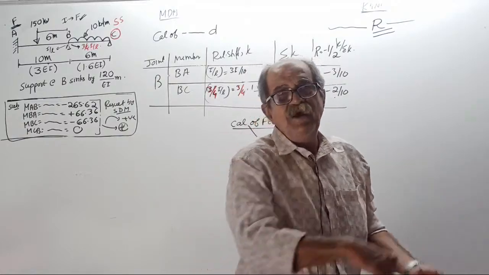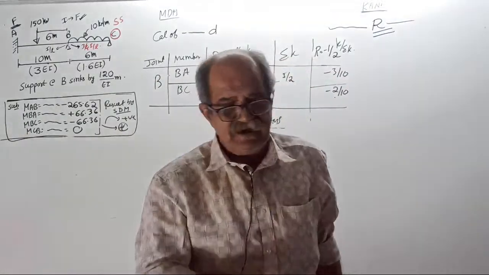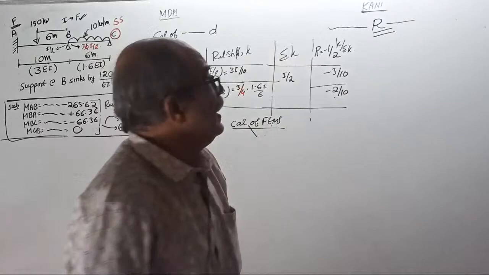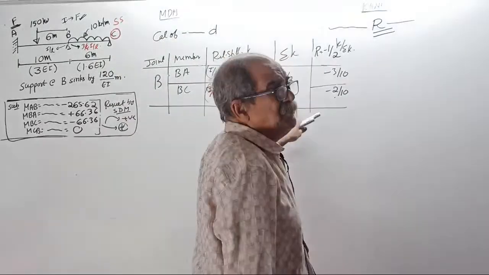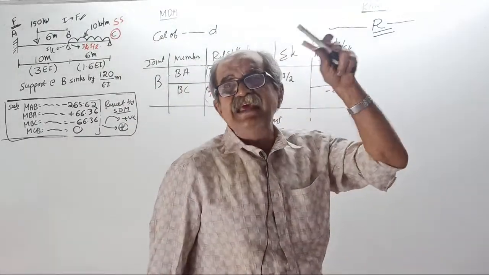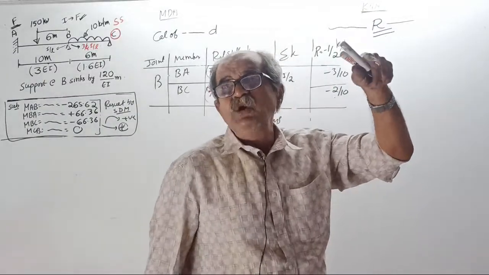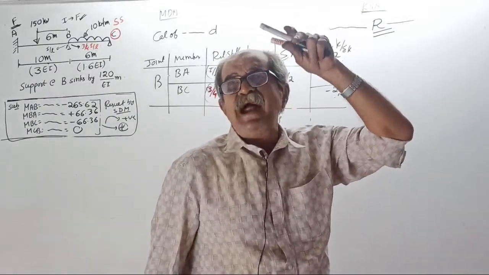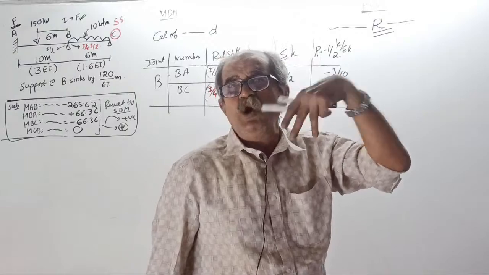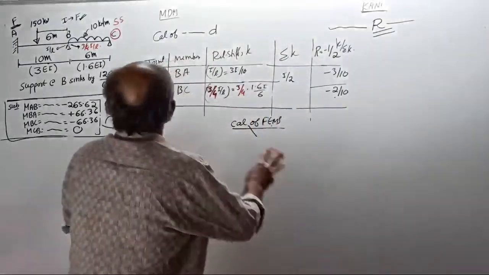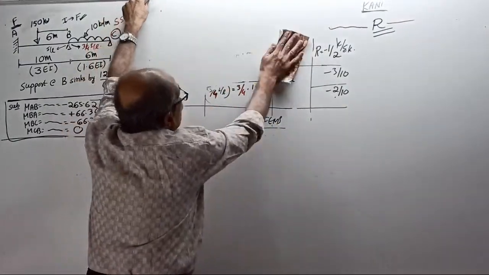Over. Now I will come back once again to MD method. Remember, after I finish MD method, when I start Kani's method, I will tell you: rotation factors are over, FPMs are over, directly contribution.